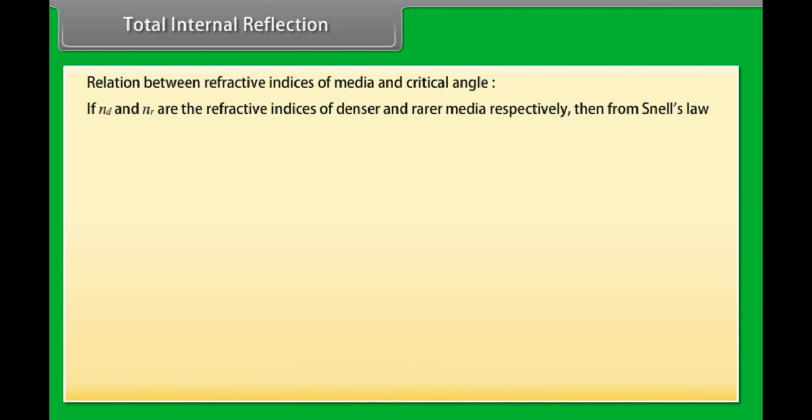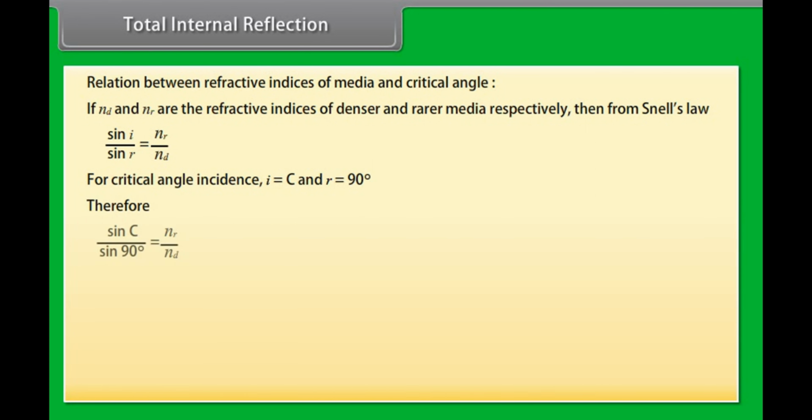If nD and nR are the refractive indices of the denser and rarer medium respectively, then from Snell's law, sin i by sin r is equal to nR upon nD. For critical angle incidence, i is equal to C and r is equal to 90 degrees.